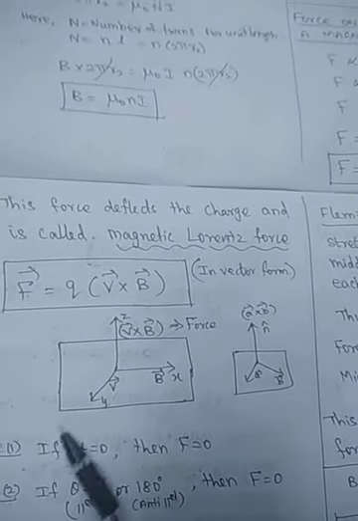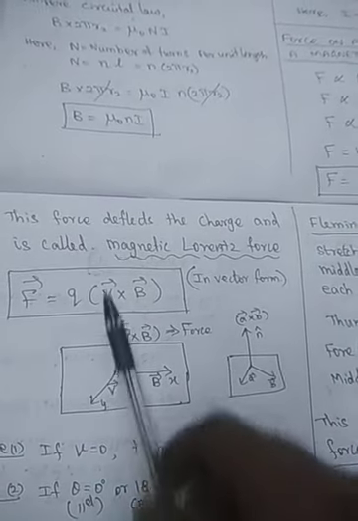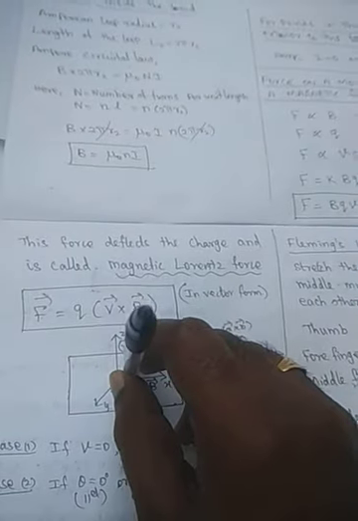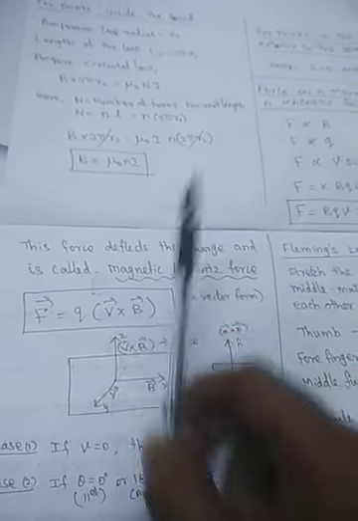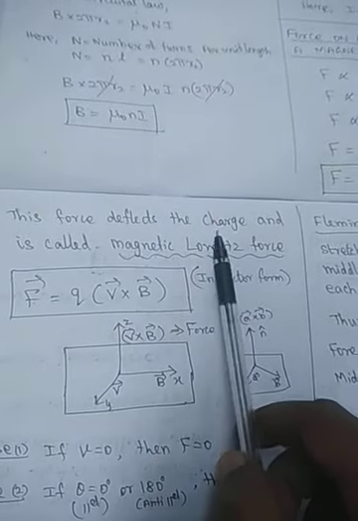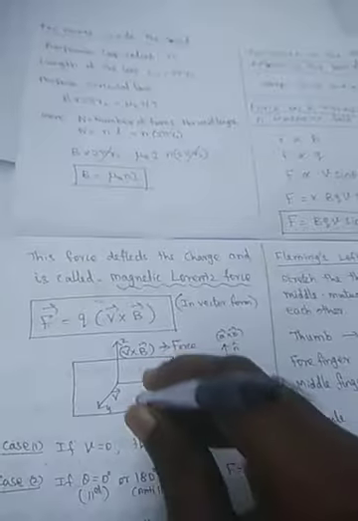Similarly, the v vector is along the y direction and the B vector is along the x direction. This v vector cross B vector will be perpendicular to the plane of the paper. So this is the direction of the force experienced by the charge.